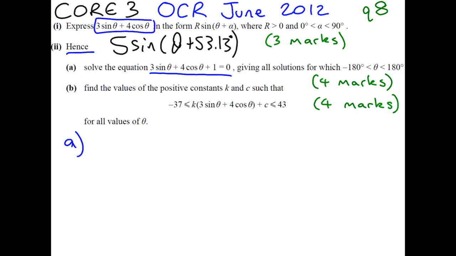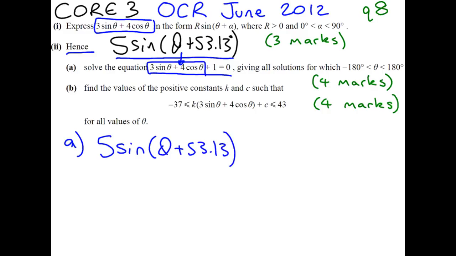We found out that 3 sine theta plus 4 cos theta is the same as 5 sine (theta plus 53.13 degrees). So we're going to swap 3 sine theta plus 4 cos theta for 5 sine (theta plus 53.13). And then we've got the plus 1 equals 0.